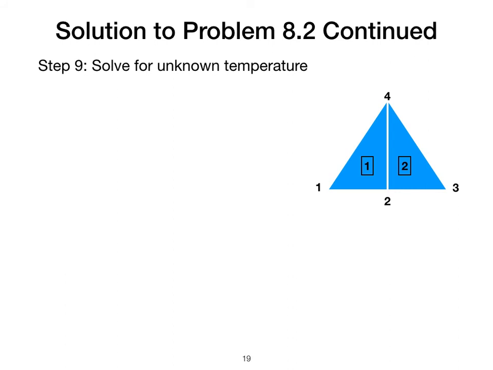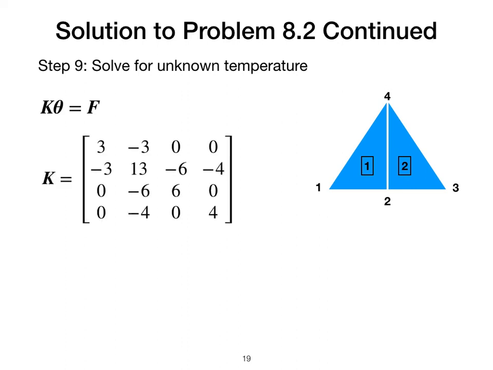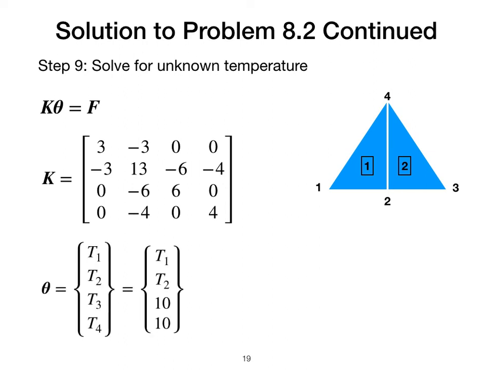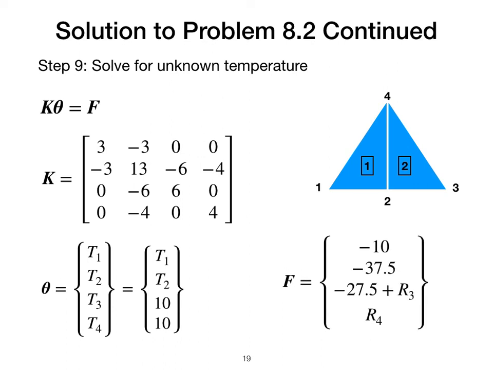Step 9, solve for unknown temperature. We know that the final equation is k theta equal to F, where k is the stiffness matrix we have calculated already. Theta is the temperature vector containing the nodal temperatures T1, T2, T3, and T4. We have T3 and T4 equal to 10 degrees Celsius. T1, T2 are unknown. F we have calculated, which is given here.